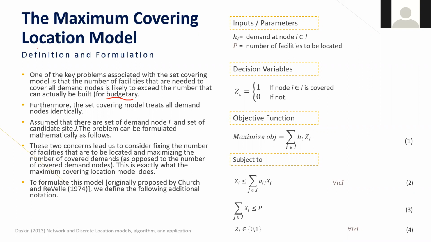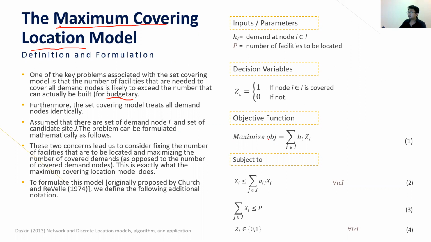This one is already addressed by some researchers, and they call the model the maximum covering location model. Earlier we tried to minimize the number of facilities being used, the total cost of facilities.